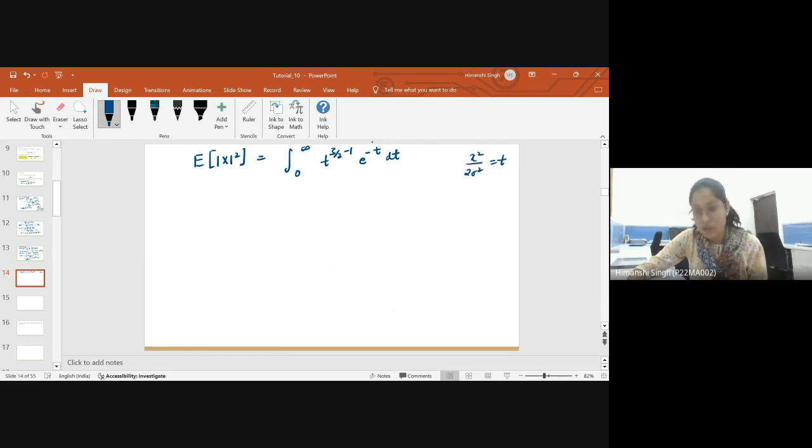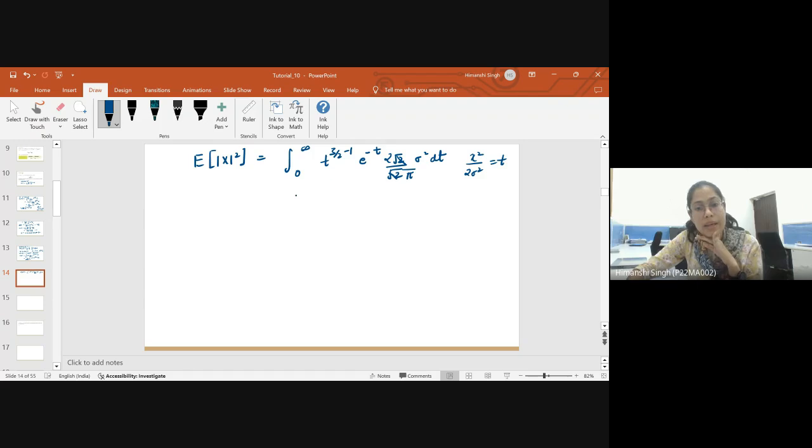And here it will be 2 root 2, divided by root 2 pi, and here I will be having this sigma square dt. Okay, so this will get cancelled.